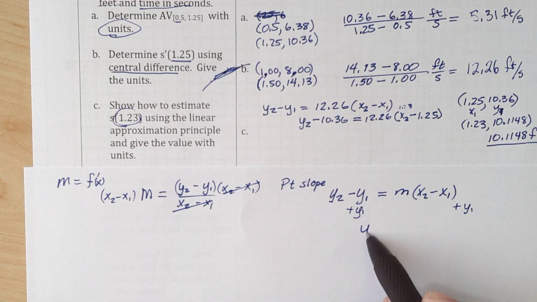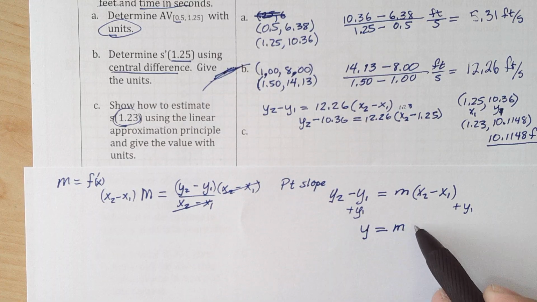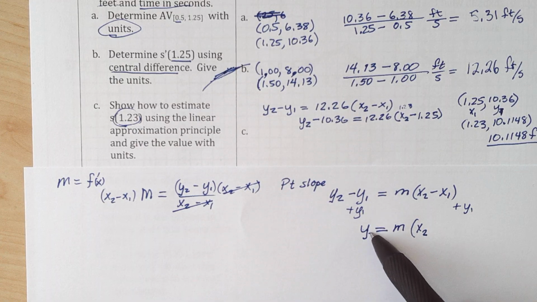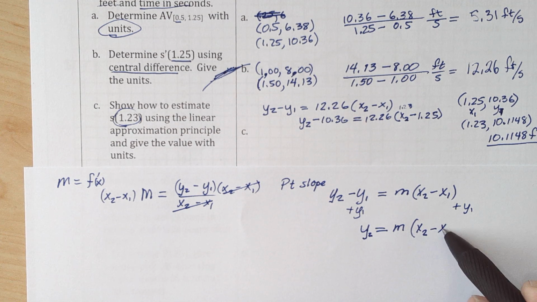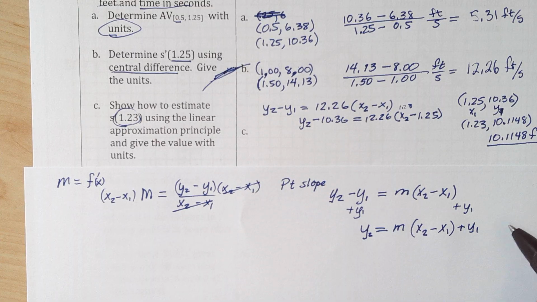So they say that the y value will be the slope times x2, and we're trying to find the y2. We're trying to find at some other place, and so this is the x that goes with the other place, minus the x1, plus y1.